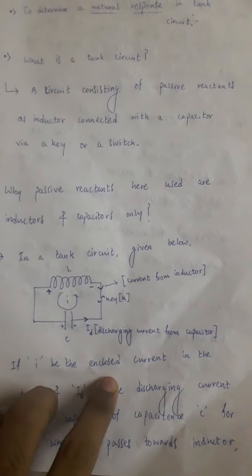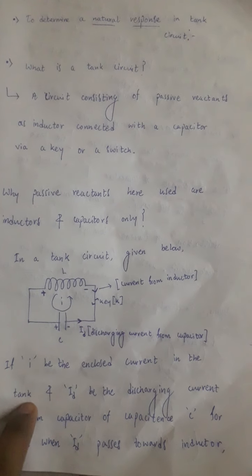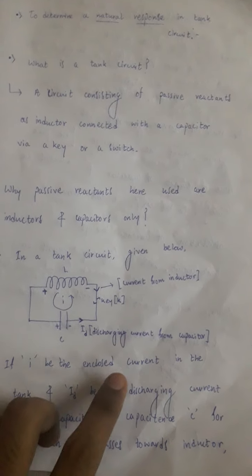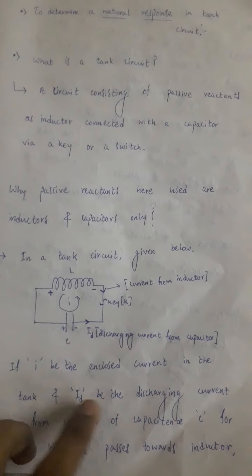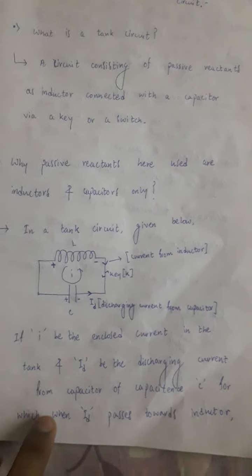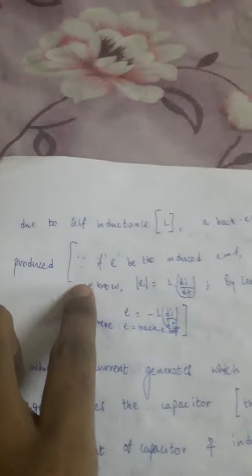current from the capacitor. If I be the enclosed current in the tank circuit and id be the discharging current from the capacitor of capacitance C, then when id passes towards the inductor, due to self-inductance a back EMF is produced.